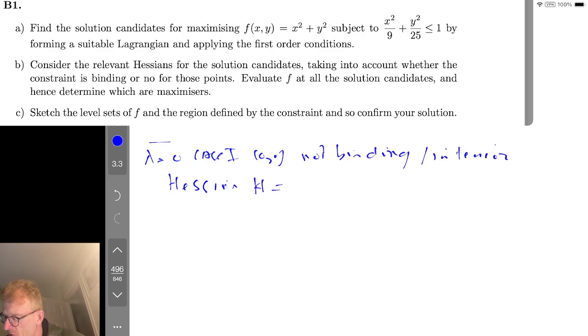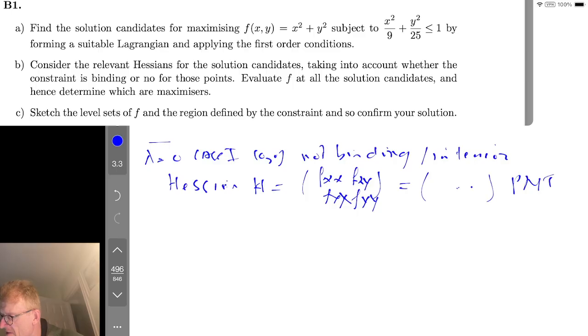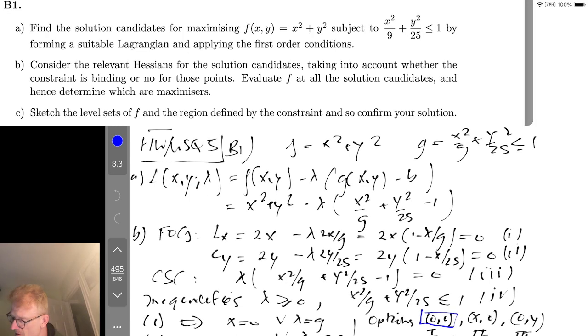H is to classify, so f_xx, f_xy, f_yx, and f_yy, and then use the principal minor test for the critical point 0, 0. Let's go back to the other one. Let's do red.